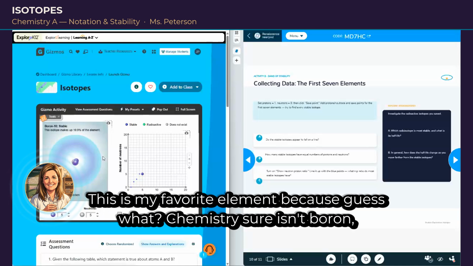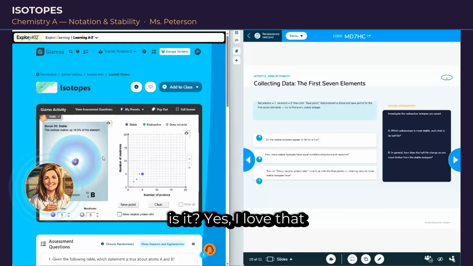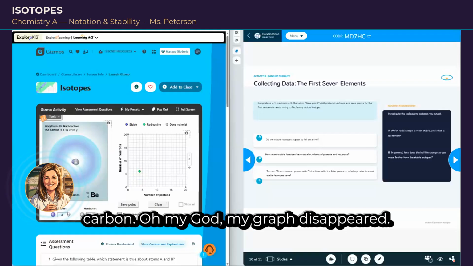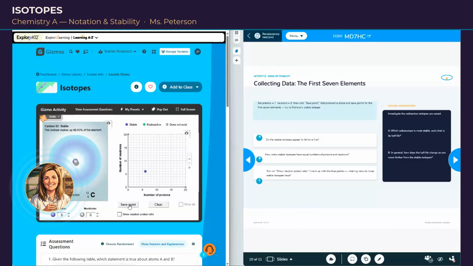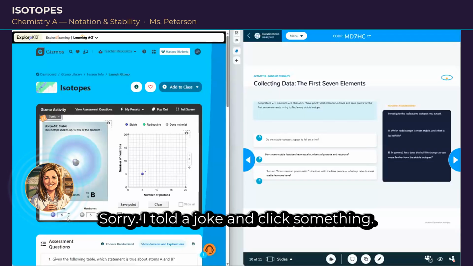Chemistry sure isn't boron, is it? Yes, I love that joke. Sorry. And I keep clicking on my arrow. And carbon. Oh my God, my graph disappeared. Sorry, I told a joke and clicked something.